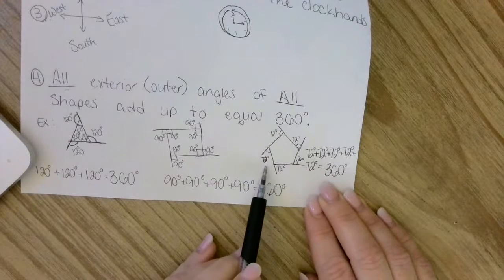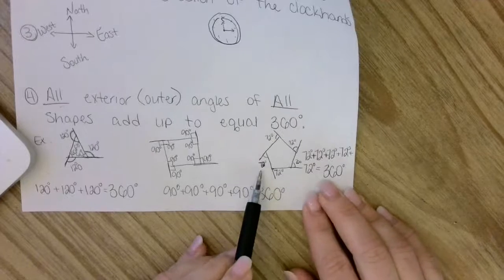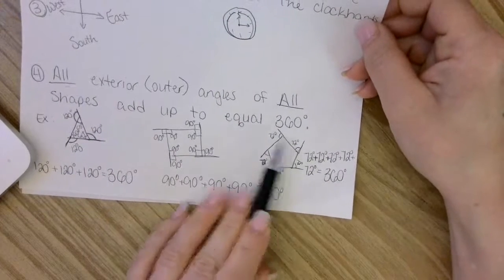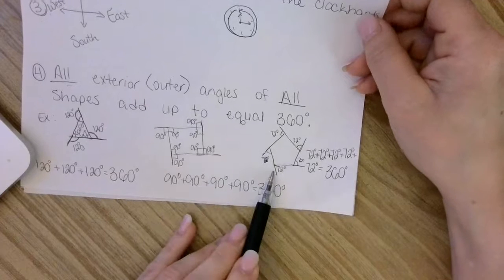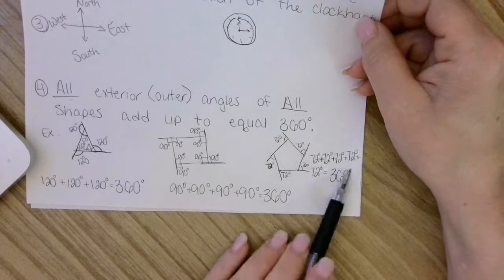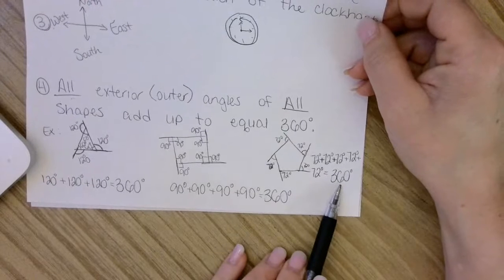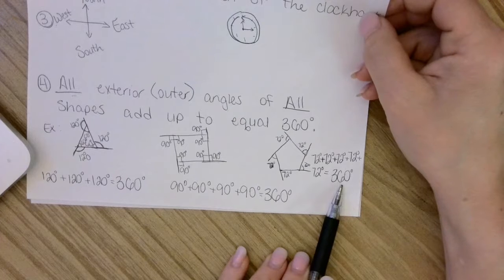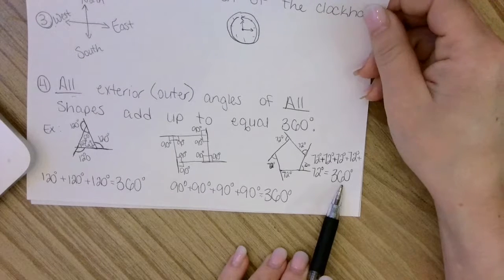Let's just pretend that these 5 angles are 72 degrees. That information will be given to you, you don't have to guess. If you add up 72 5 times, then you get 360. So notice how all exterior angles equal 360 degrees.